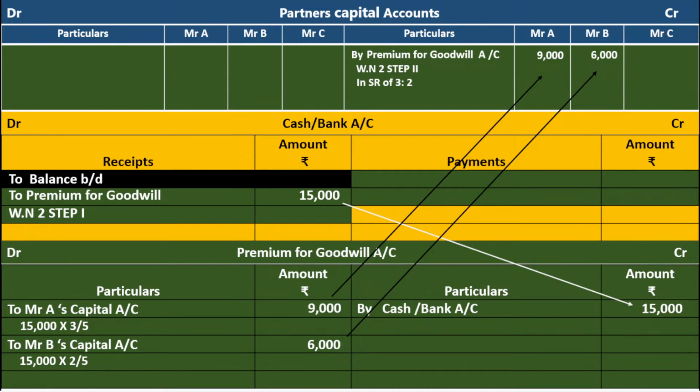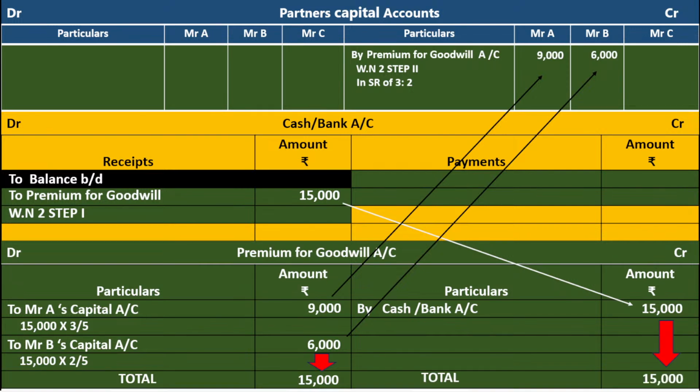When half of the goodwill amount is withdrawn by the old partners, in such a case, Mr. A's capital account debit, Mr. B's capital account debit to cash or bank account. But before that, check whether premium for goodwill account is closed or not. 9,000 plus 6,000. Sorry, it is 15,000 total on the credit side.